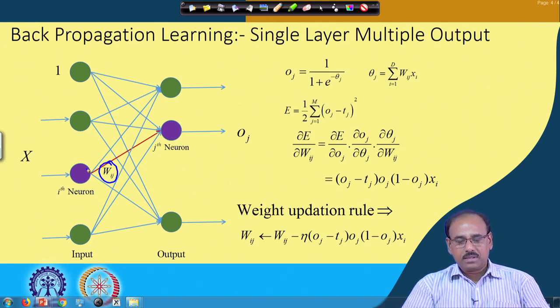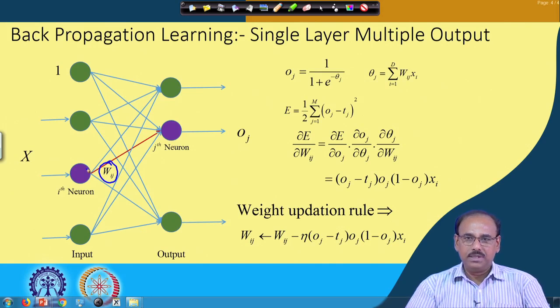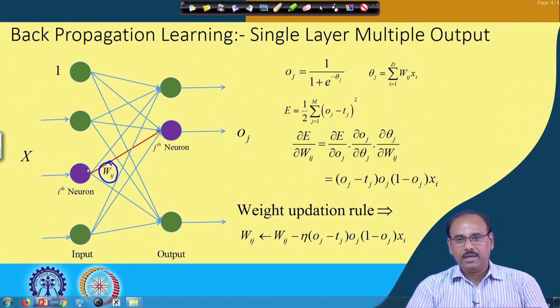Training in this case means that I have to find the optimal values of w_ij for all values of i and j. As I vary the index i, I am considering different neurons at the input layer. As I vary the index j, I am considering the connection to all neurons in the output layer.